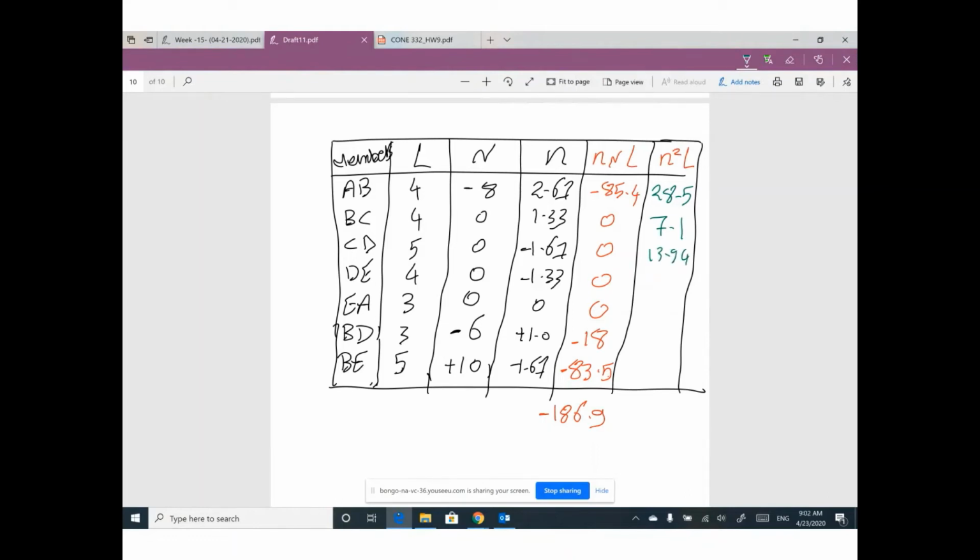This one will be 7.1. This one will be 0. This one will be 3. This one, 1.67 square times 5, will be 13.94. Get the summation value of 3 plus 7.1 plus 13.94 plus 7.1 plus 28.5. Your summation will be 73.58.